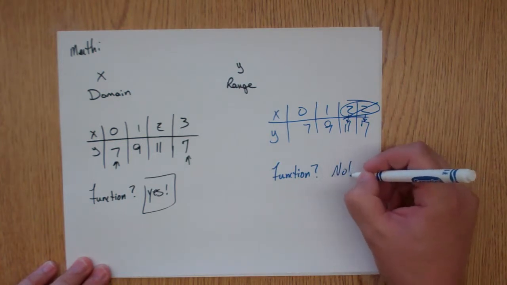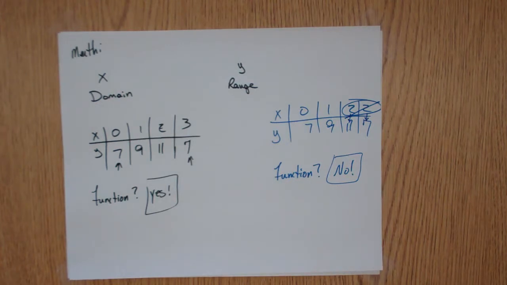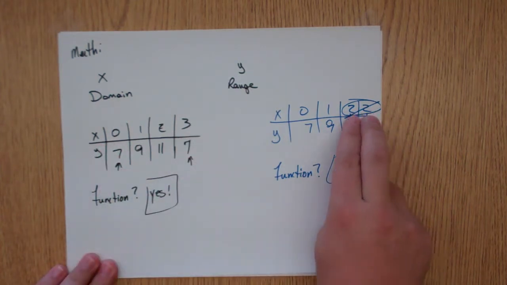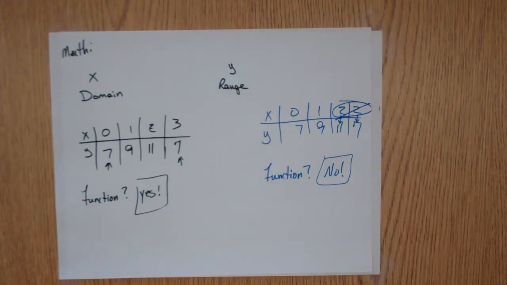So this is not a function. Why? Because x equals 2 cannot give you both 11 and 7. It can only give you one output. It doesn't matter if 2 inputs give you the same output, but you can't have the same input giving you 2 different outputs. That is a no-go.